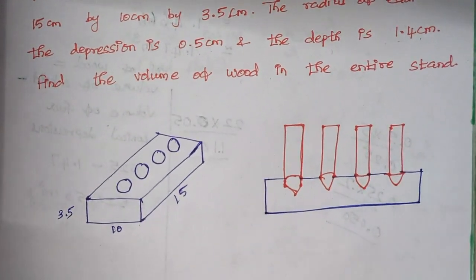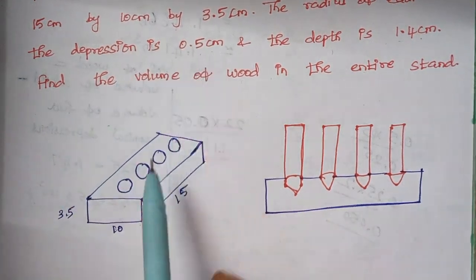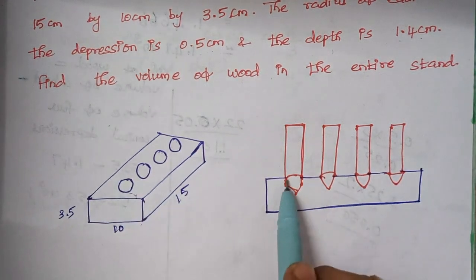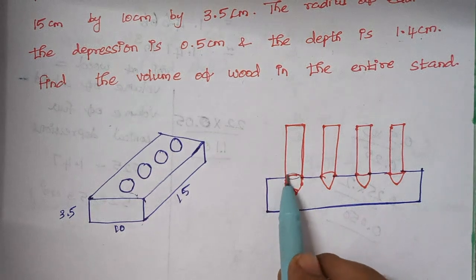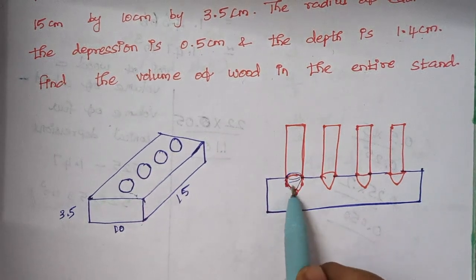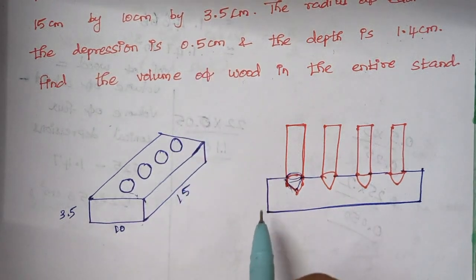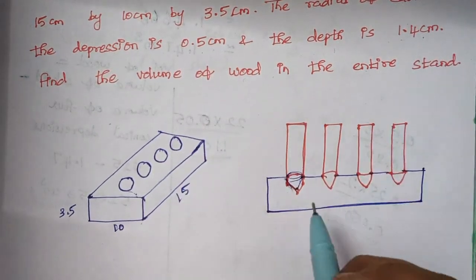Next, the radius of each depression, that is for the cone, is given. It is in the form of a cone inside. On the top it is in the form of a circle and inside it is a cone. So here the radius is 0.5 and the depth is 1.4.